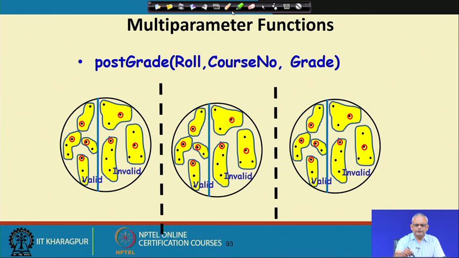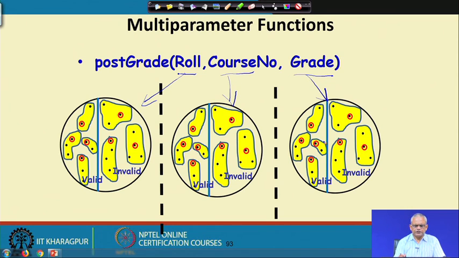We will examine each input parameter, and based on the input parameter we can identify the equivalence classes for the different input parameters. But now, how do we define the test cases? We can select points corresponding to this parameter, points corresponding to this parameter and so on.